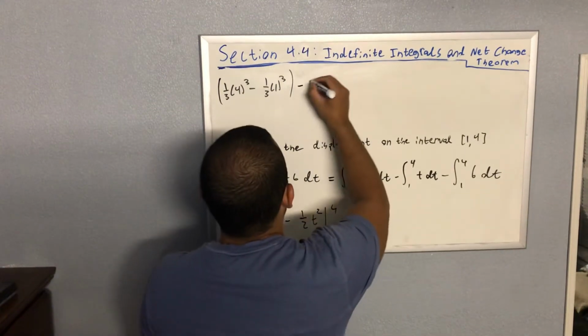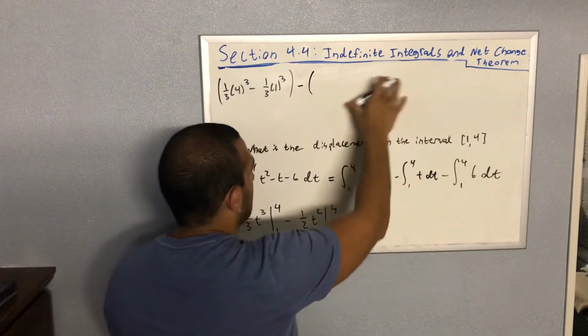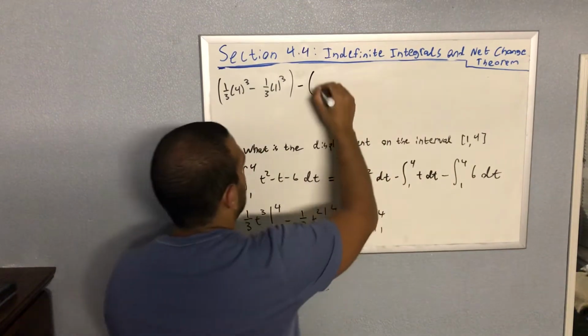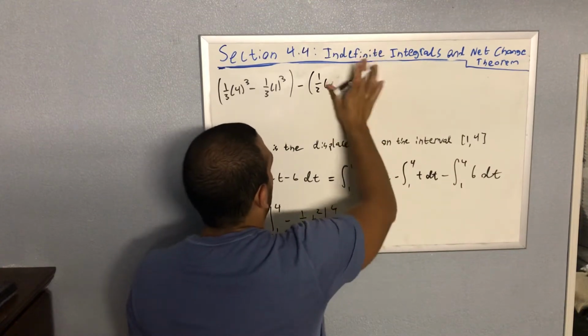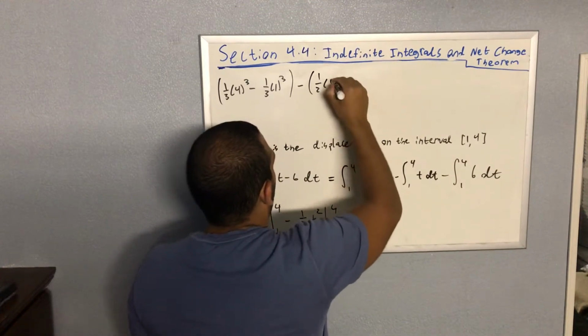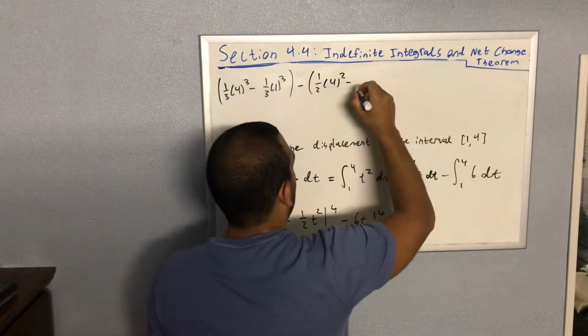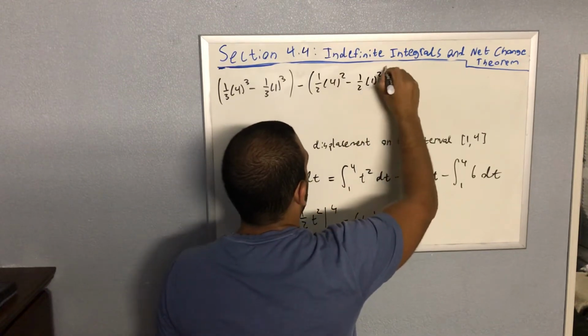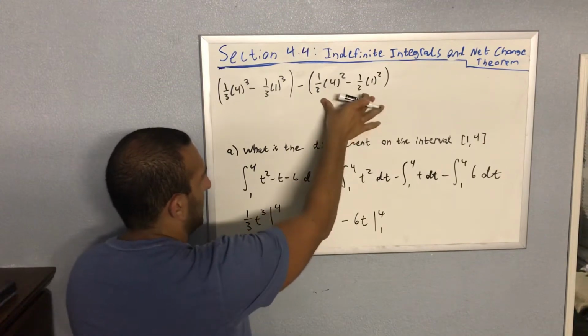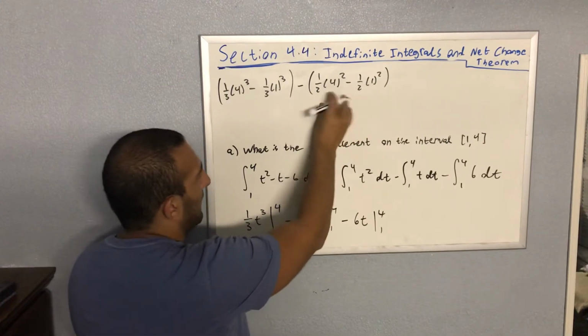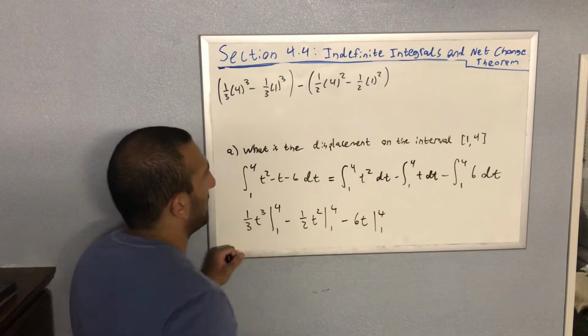And then minus, now the same thing. Because this is a quantity, we want to put all of it in parentheses. So minus 1/2 4 squared, minus 1/2 1 squared. Again, that's this piece. The minus has to hit the net result, so we have to do the algebra first and then hit it with the minus.